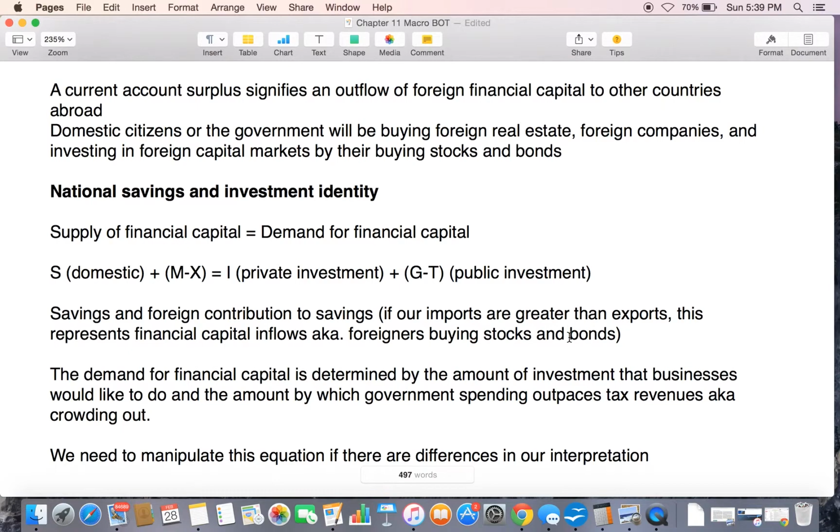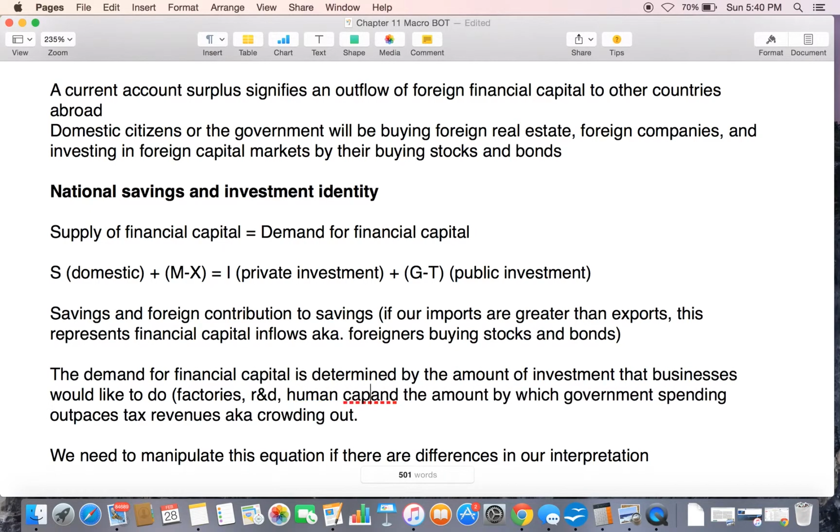So the demand for financial capital is determined by the amount of investment that businesses would like to do, and they're going to be investing in factories, R&D expenses, research and development expenses. They might be doing some human capital investing.